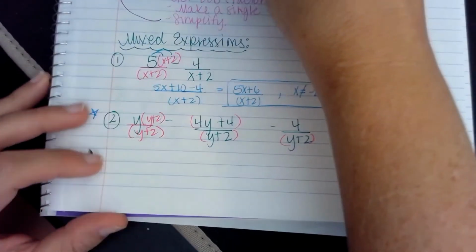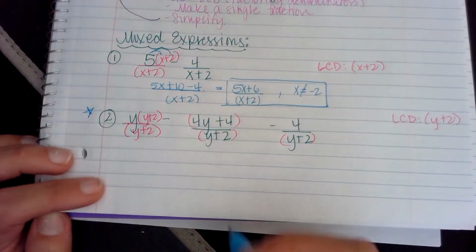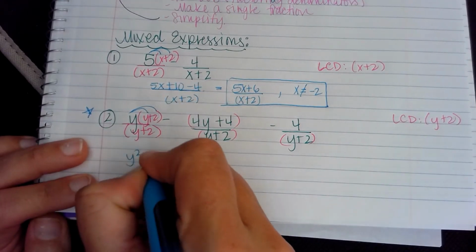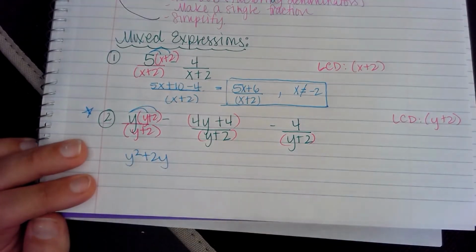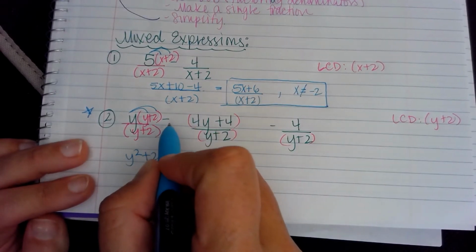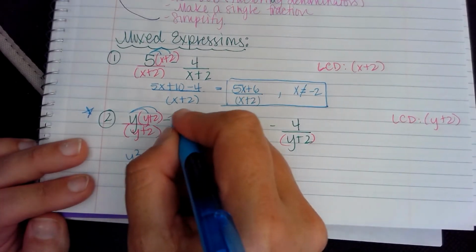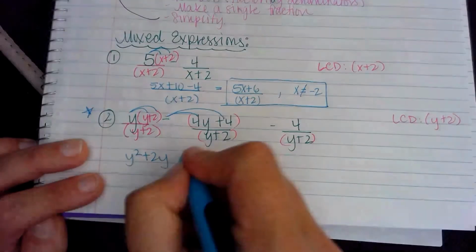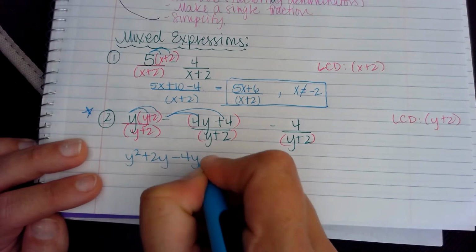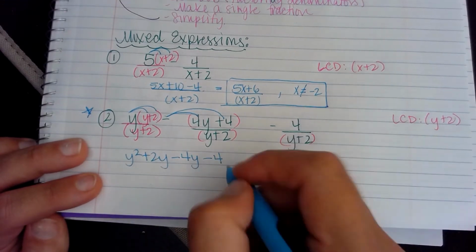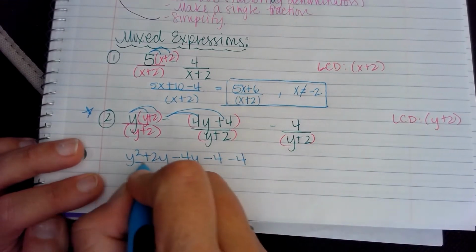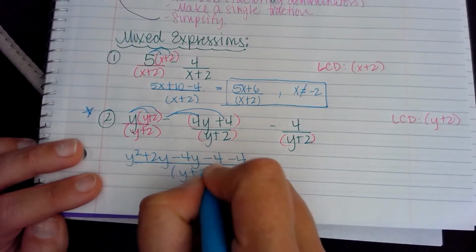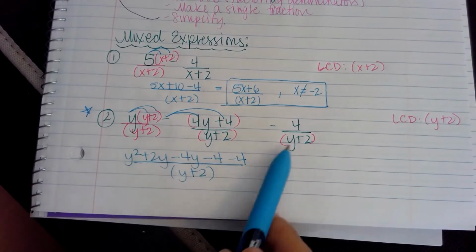So then, right here, when I go to distribute, I get y squared plus 2y. Then right here, make sure this is negative, right? So this negative gets distributed to this group. So that's negative 4y minus 4, and then this is a minus 4. And that whole thing is over our common denominator because all of them were over y plus 2.